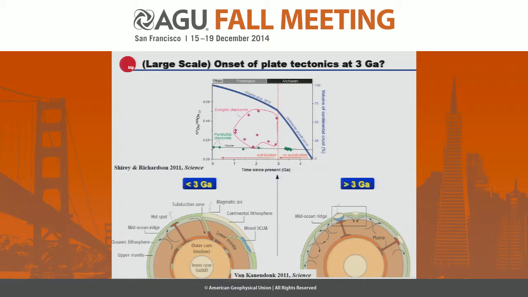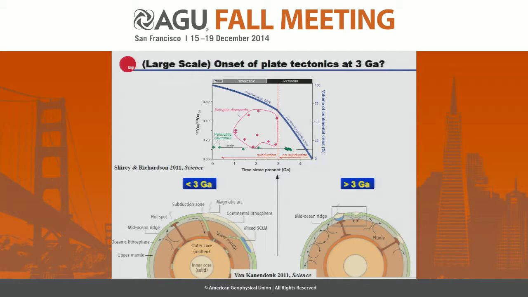Another argument is a paper recently published by Shirey and Richardson, which shows that sulfide inclusions in diamonds show an eclogitic signature only for the last 3 billion years. And again, it was interpreted as a large-scale onset of plate tectonics at 3 billion years ago.